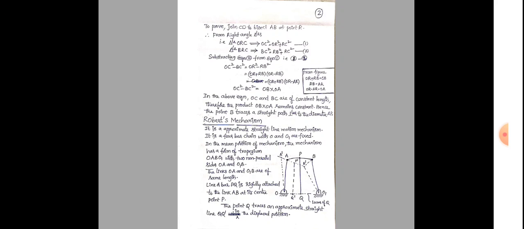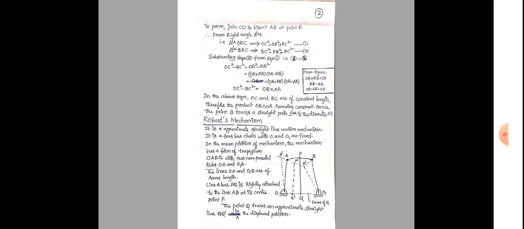It means for any small displacement of Q, all the points except O and O1 will occupy a new position. A will move to A dash, P to P dash, B to B dash, and Q to Q dash. For any small changes, the point Q will generate approximately a straight line path, which is denoted here in the figure by QQ dash.